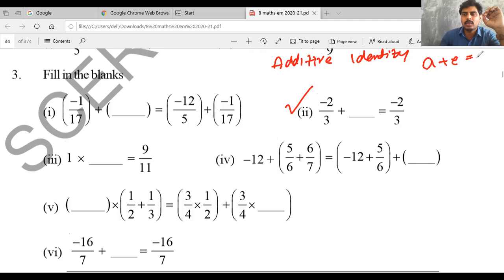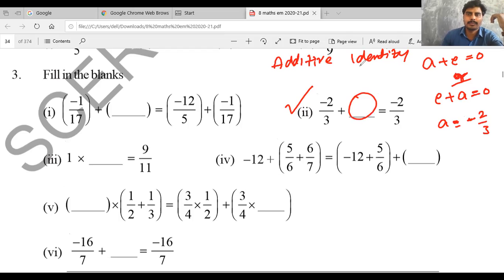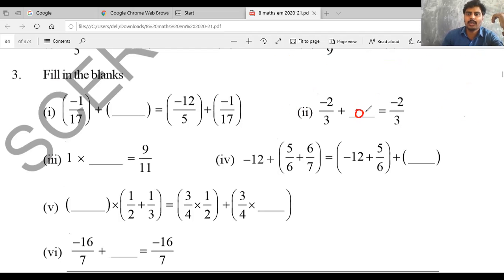A plus e is equals to a, or e plus a is equals to a, right? So what is the a value given here? Minus 2 by 3. Okay, then what is the blank? Obviously 0. Okay, good, Saiteja. Anyway, I know you know the answer.